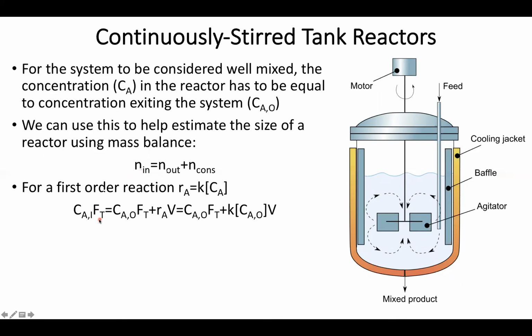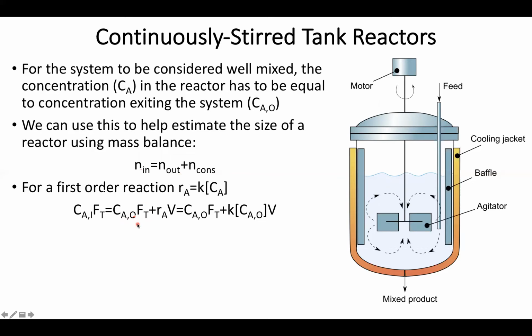Now, if I'm running the system at steady state, the flow rate for my input should also be the same thing as the flow rate of my output. And the moles of my reactant coming out should be the concentration of the reactant in the output times that steady feed rate.